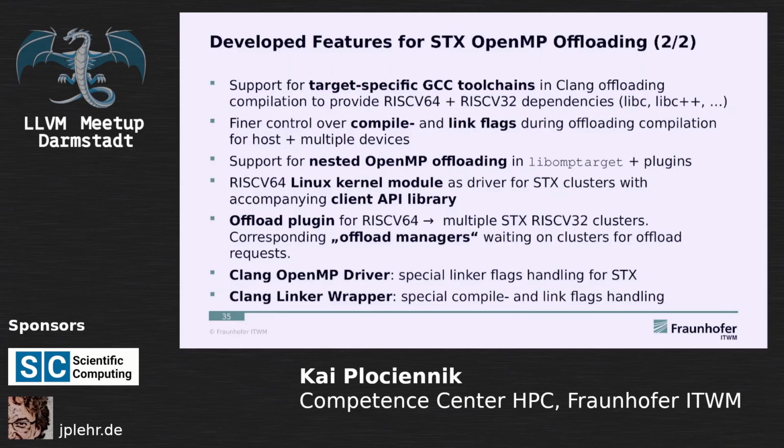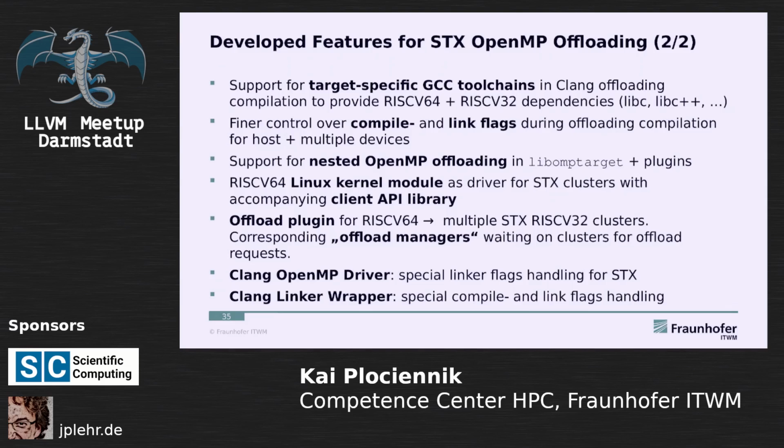And because we are offloading from a single RISC-V 64 host core to many RISC-V 32 clusters, we did this in a way where the plugin on the RISC-V 64 host simply places an offload request to a mailbox, which all the clusters can observe. So on the clusters, there are already offload managers waiting for offload requests to make this efficient.